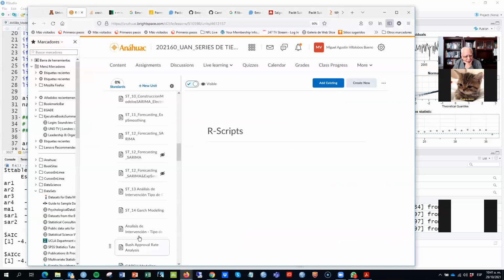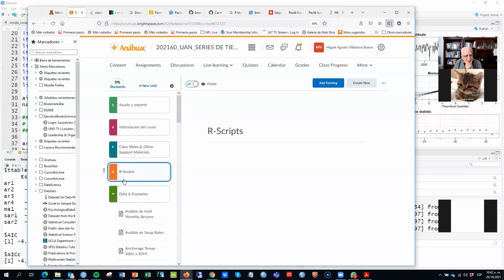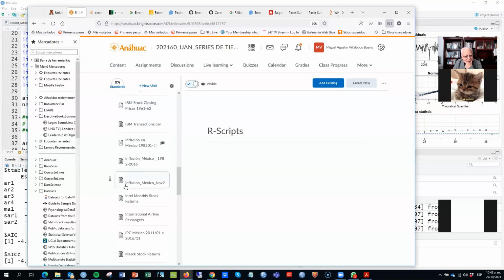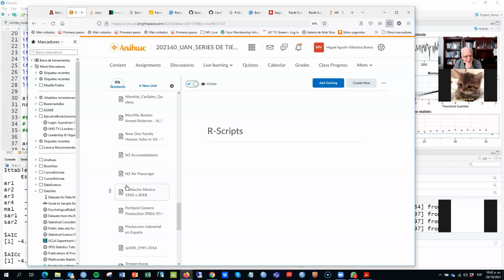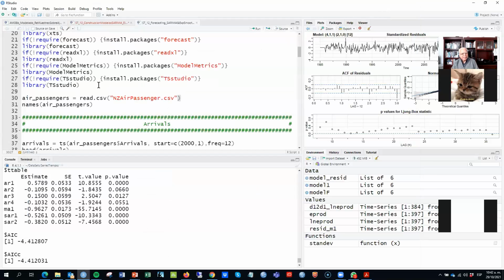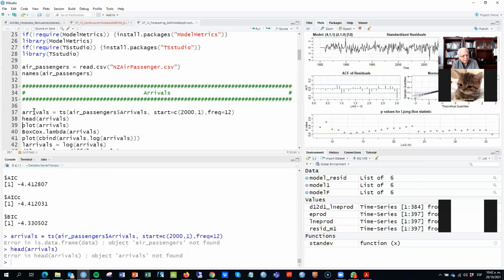Let me go to this data. New Zealand air passenger data. Okay, use that. The New Zealand air passenger data has two different series. It has arrivals, and it has also departures.